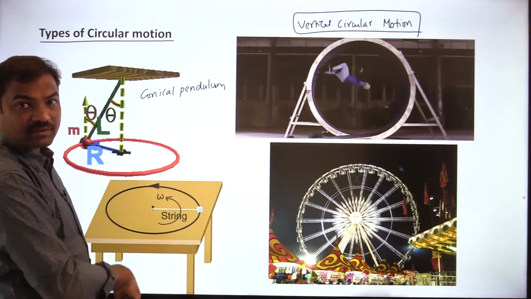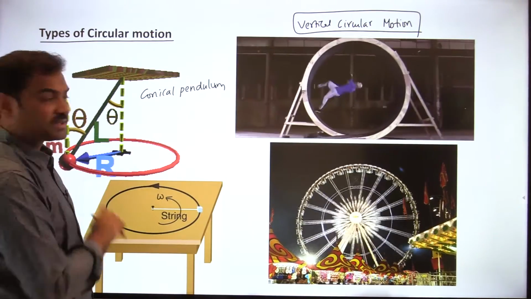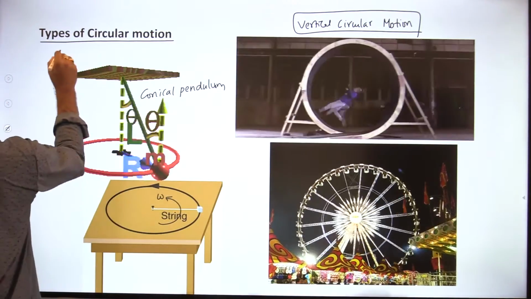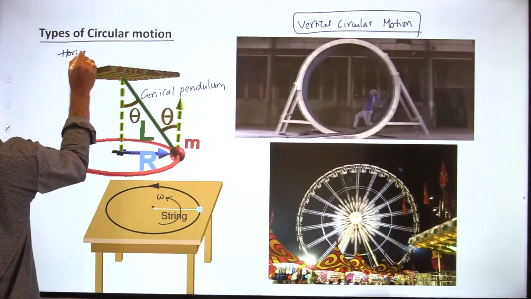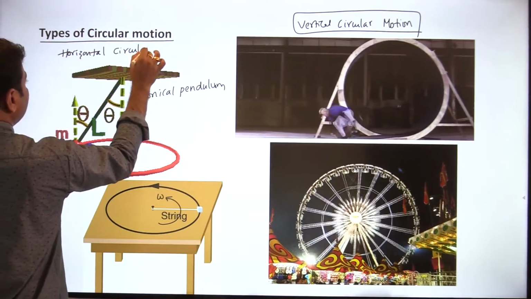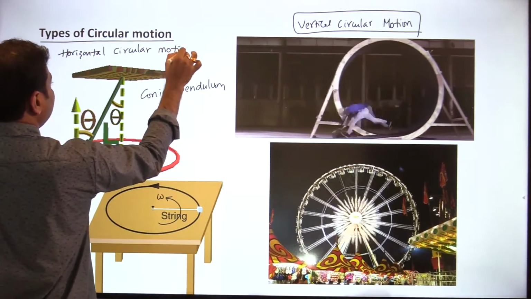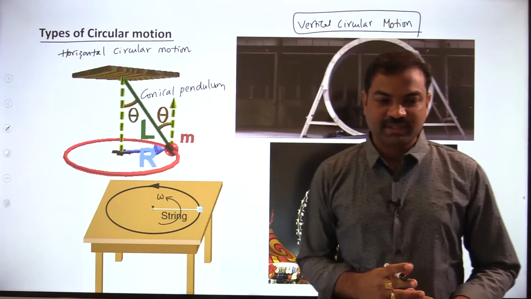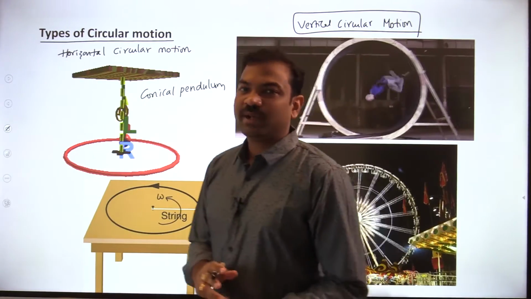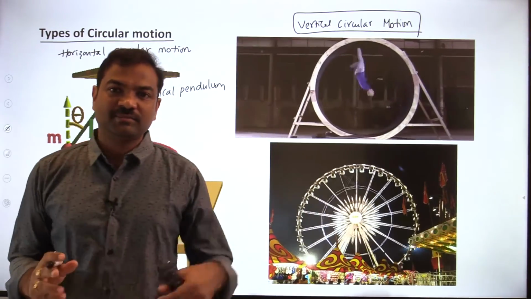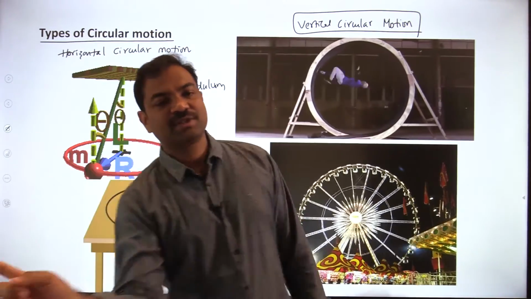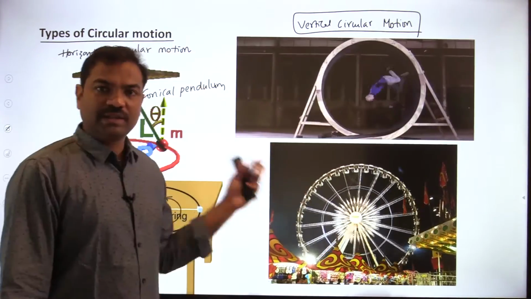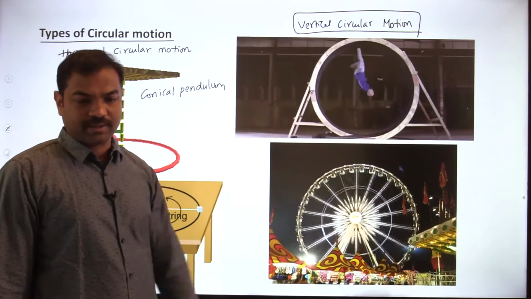In a horizontal circular path, the height of the particle is not changing, so this type is called horizontal circular motion. Understood? Some circular motions are horizontal, some are vertical. Right now we are going to see these two, but once it comes to advanced and beyond, circular motions can be in a plane also. So first we learn these two parts, then we'll go for that.